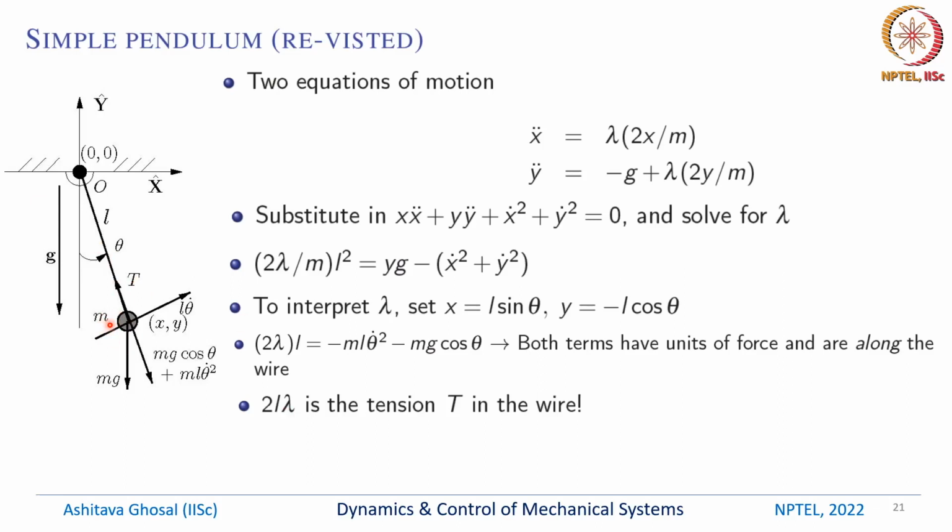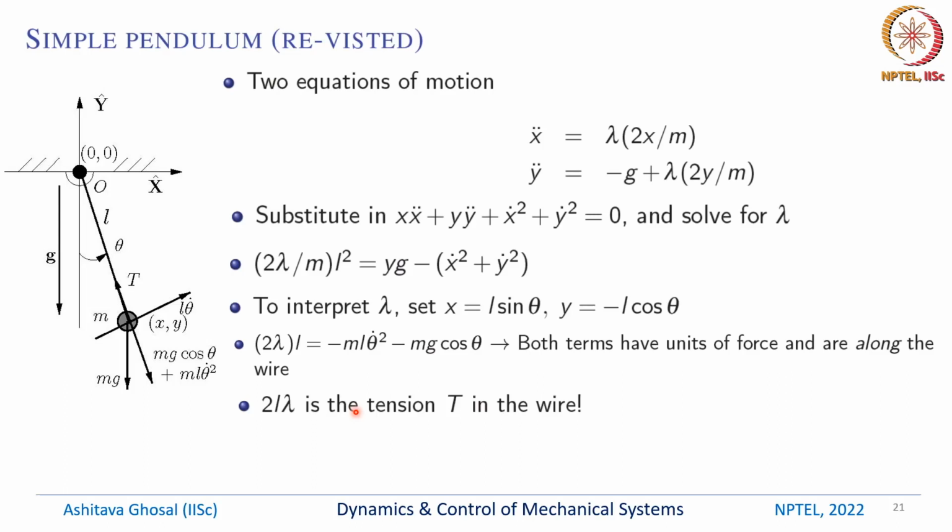So this is like a constraint force. And again, remember, tension in the wire is an internal force. It is not doing any work. It is a constraint force. But we can still find out what this constraint force is. So the purpose of this example is that I could have chosen different generalized coordinates, in this case x comma y, for this pendulum, and then we have this constraint, which is x squared plus y squared is L square.